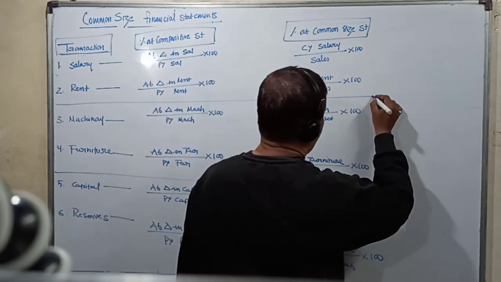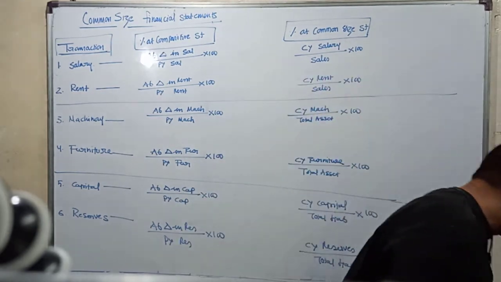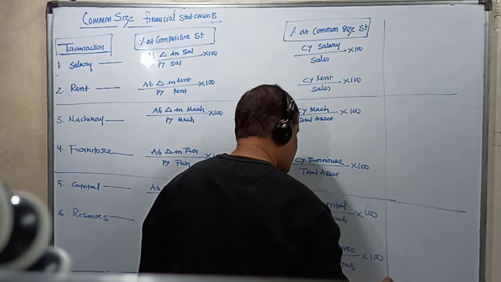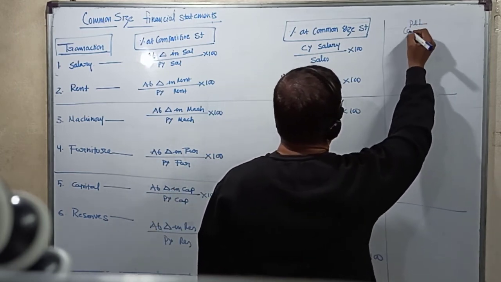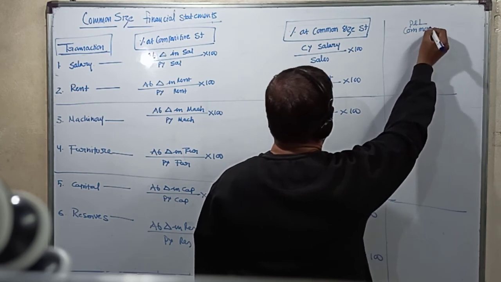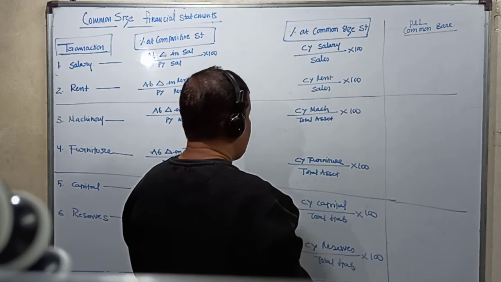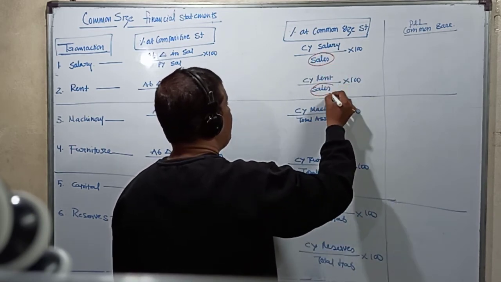Now in the common size statement, make an observation here. For the profit and loss account, what is the common base for calculating percentage? You see the common base, everything you're dividing by sales.